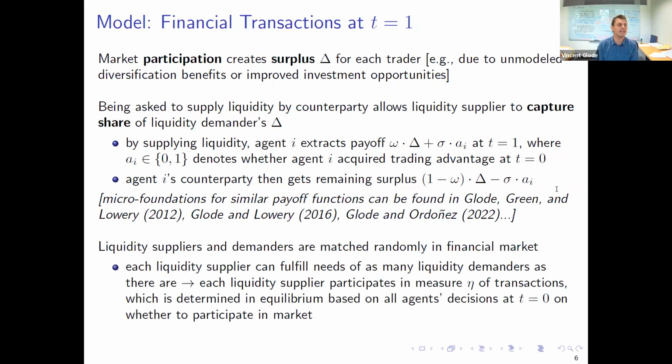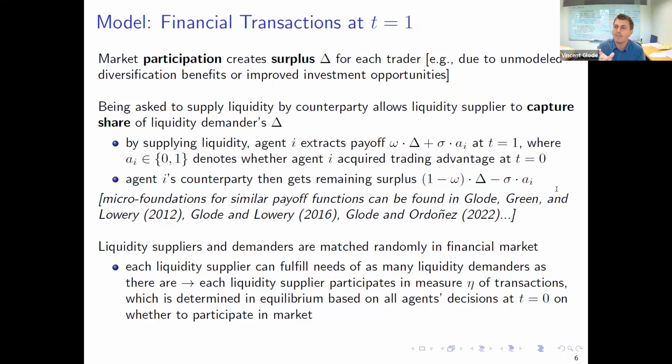So we assume that liquidity suppliers and demanders are matched randomly in the financial market, just so that the math is simple. So each liquidity supplier can fulfill the need of as many liquidity demanders as there are. Right? So the liquidity supplier has deep pockets and can use its trading advantage when supplying liquidity.